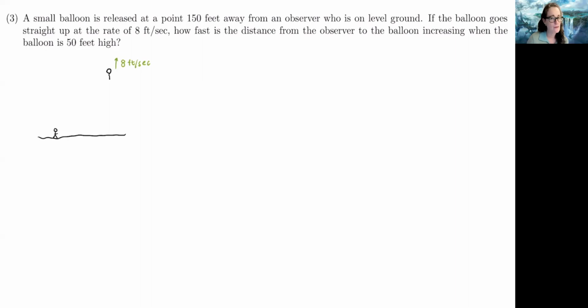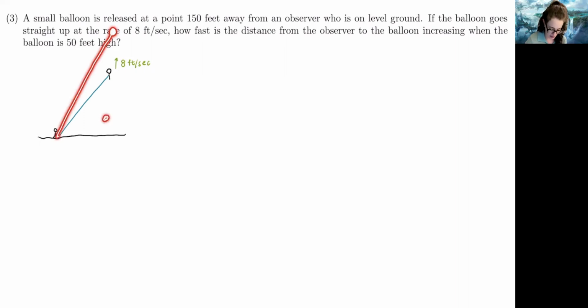And we want to know how fast the distance from the observer to the balloon is increasing when the balloon is 50 feet high. So the distance from the observer to the balloon is like this, basically. We want to know how fast that's changing, right? As the balloon goes up, maybe the balloon's up here, then this is a longer distance.